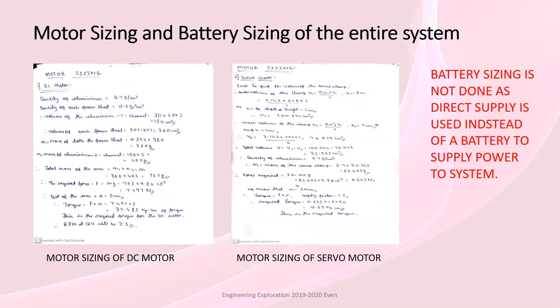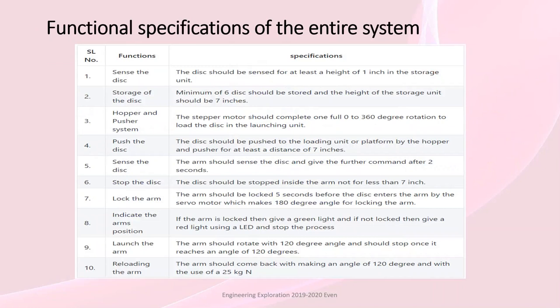Battery sizing is not done as we are not using any battery in our system. These are the functional specifications of the entire system. We have listed various functions like sensing the disk, storage of disk, hopper and pusher system, pushing the disk, sensing the disk again, stopping the disk, locking the arm at a particular position, indicating the arm's position, launching the disk, and reloading the arm.